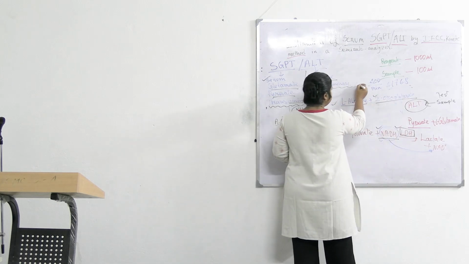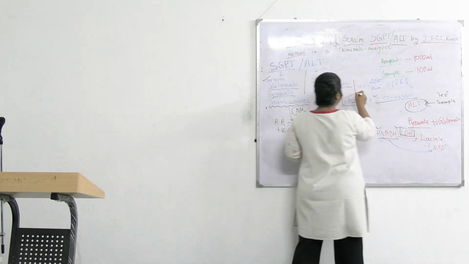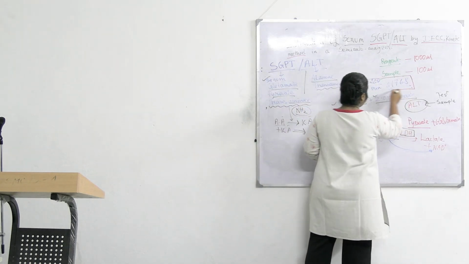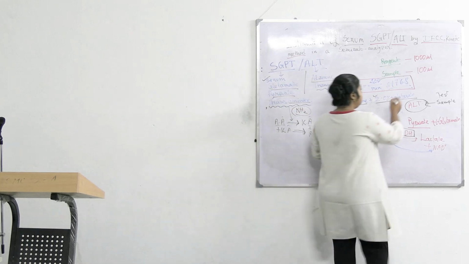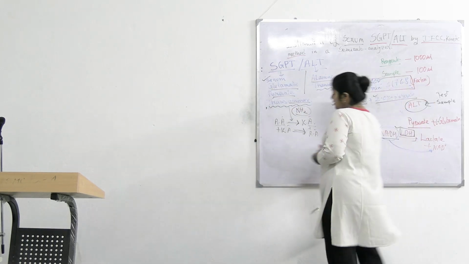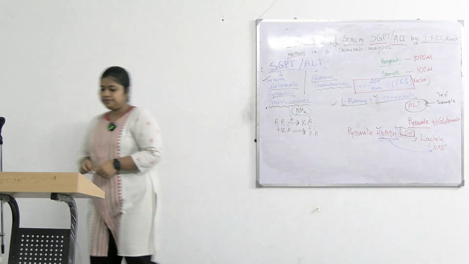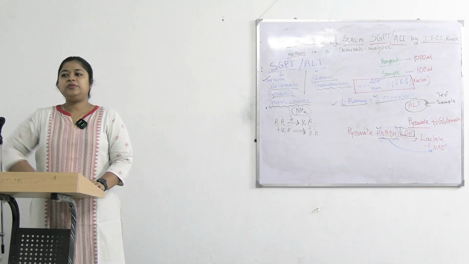This is the concentration of unknown. Concentration of unknown will be delta OD per minute into 1786, that is the factor for this particular kit. And this will be measured by the machine only.